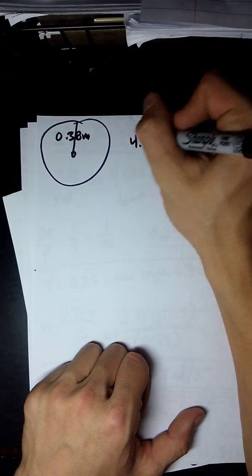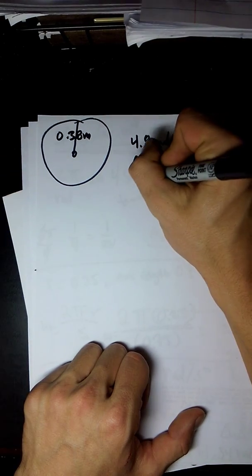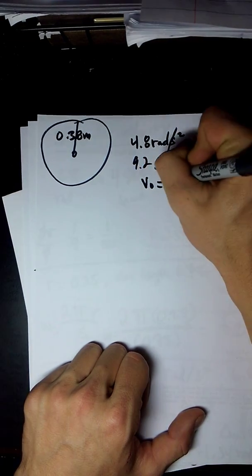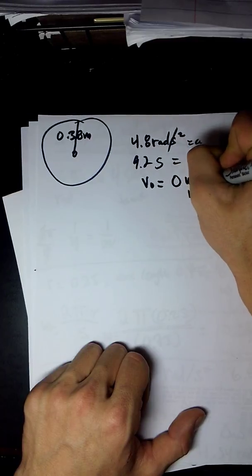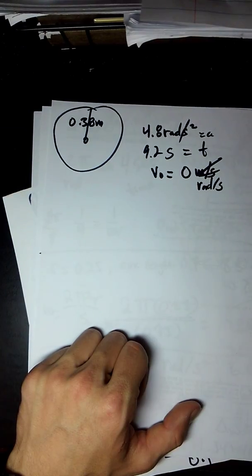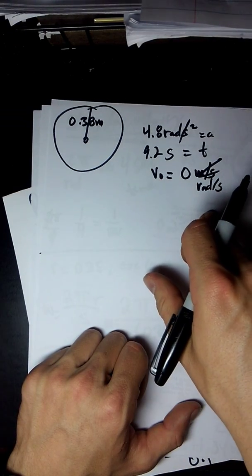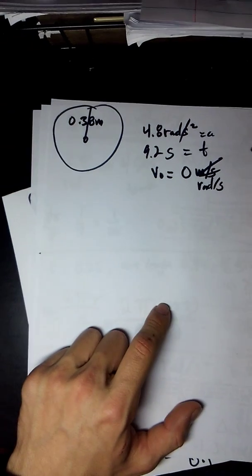So I write all of our givens down, right? 9.2 seconds is our time, and it's coming from rest. So therefore, W naught is equal to 0 radians per second. And then they want to know how many revolutions it makes, okay?